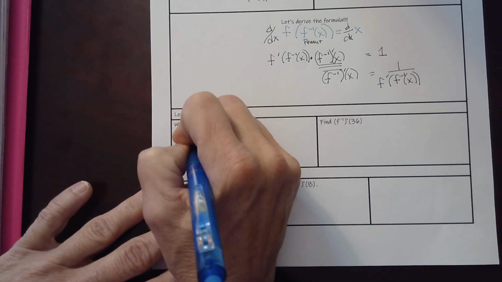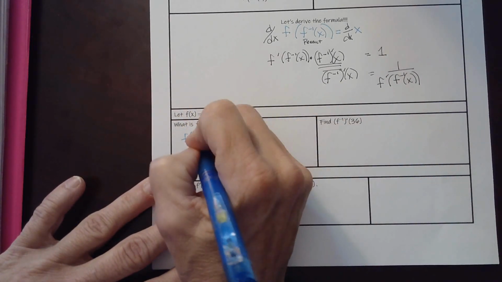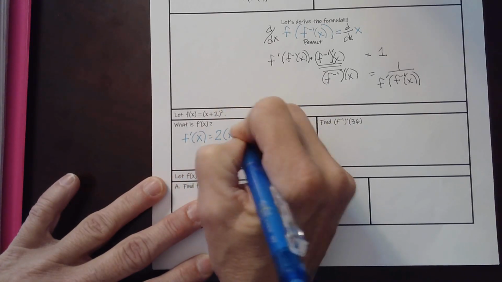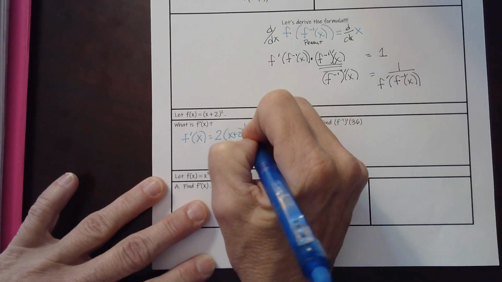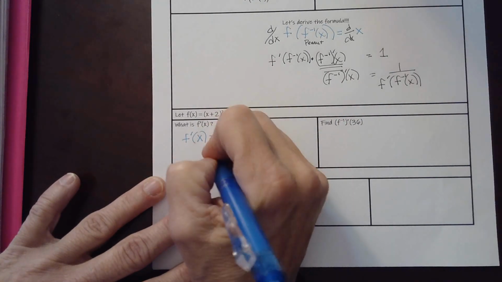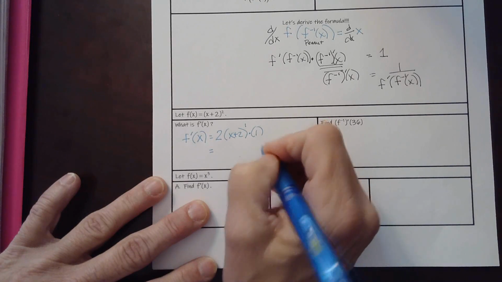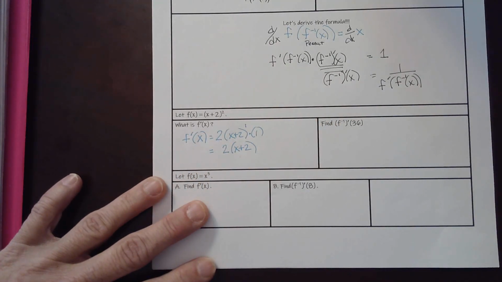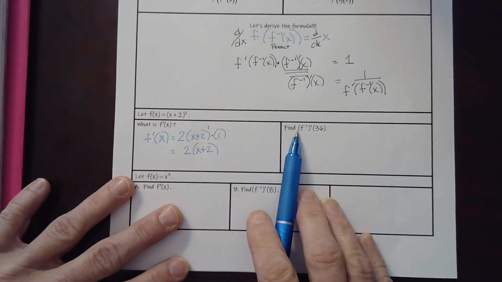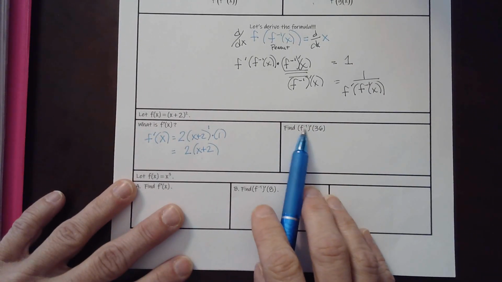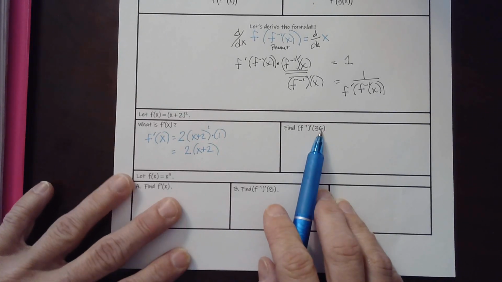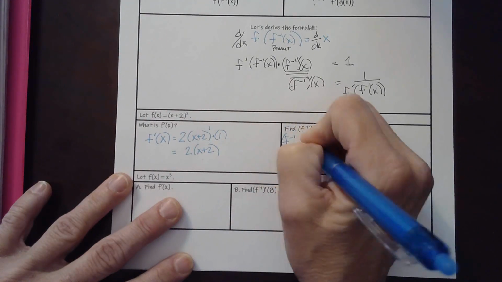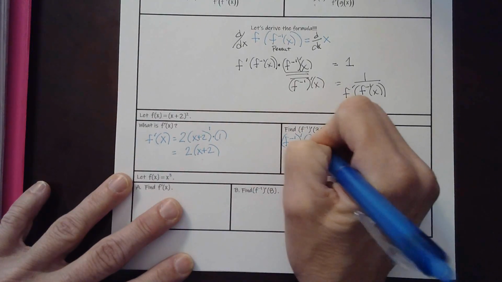I can use the chain rule pretty easily. So f prime of x equals 2 times the peanut, x plus 2, to the first power, times the derivative of the peanut, which is 1. So the derivative cleans up to be 2 times x plus 2. Okay, so now what if we want to find f inverse prime of 36? Well, first let's find f inverse prime of x.